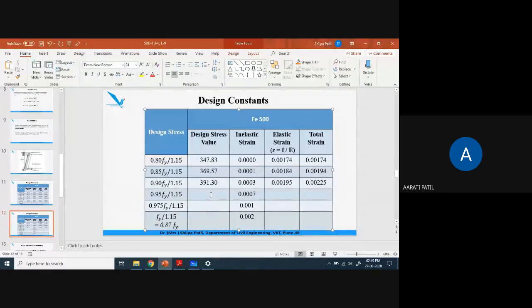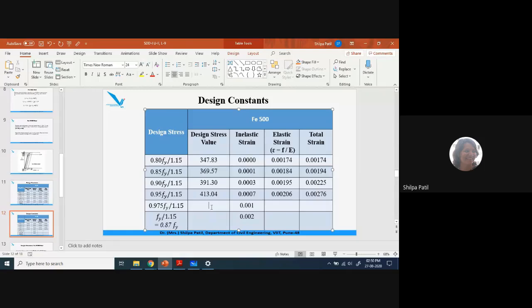Next, 413.04. Okay. Elastic strain 0.0021. Tell me the next digit also. It is 210. Ma'am, it is actually 0.00206, so I round up to 21. No, let us consider the full one. Total 0.00276.